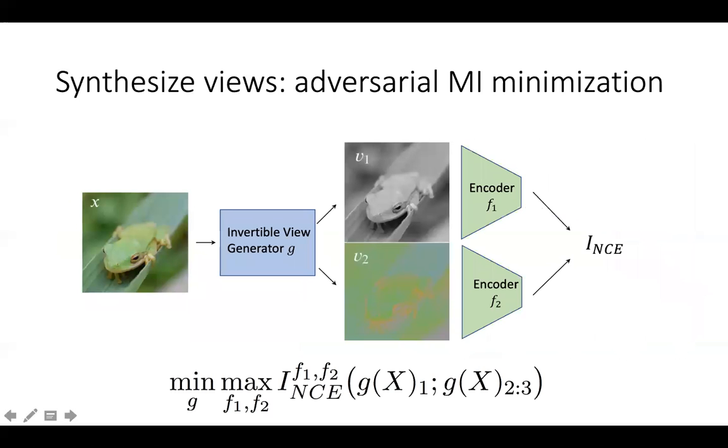But one drawback of this approach is it's not very stable. It's partly because it's GAN training. Firstly, it's GAN training. And another issue is that it doesn't tell you how you should reduce the mutual information between the two views. It can be the case that most of the information is squeezed into the second view, and the first view contains just a little bit of information about the input.